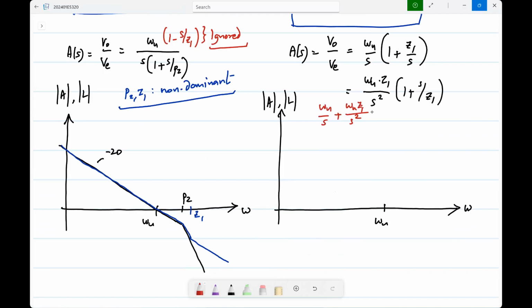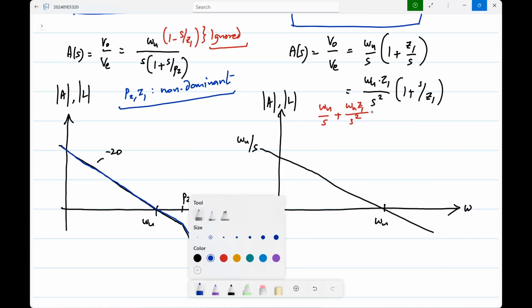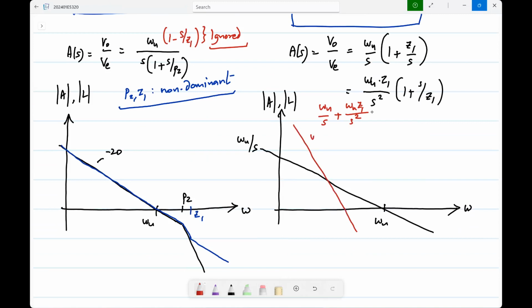So omega u by s looks like this, and omega u Z1 by s square, let's say it looks like that.